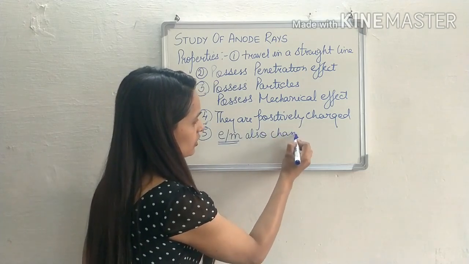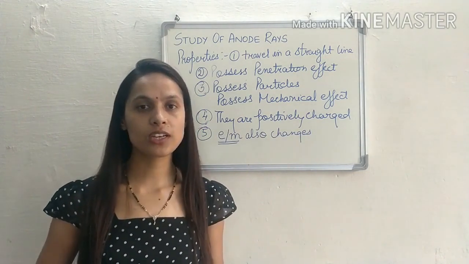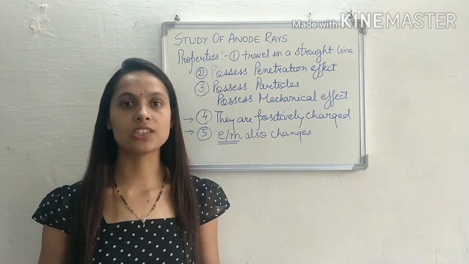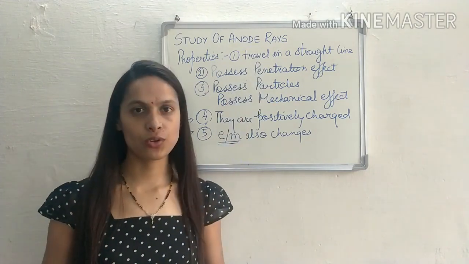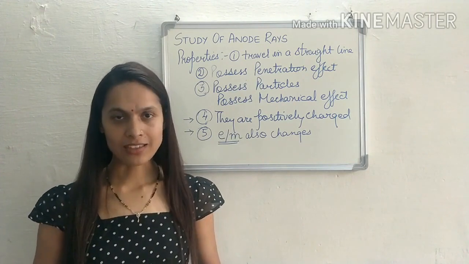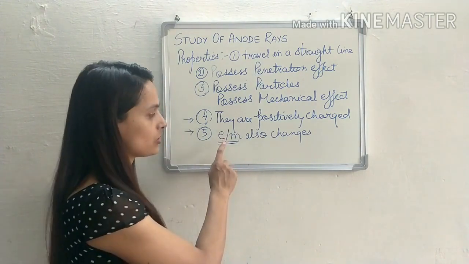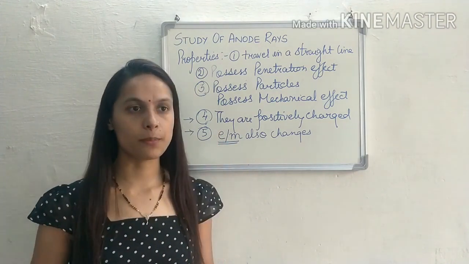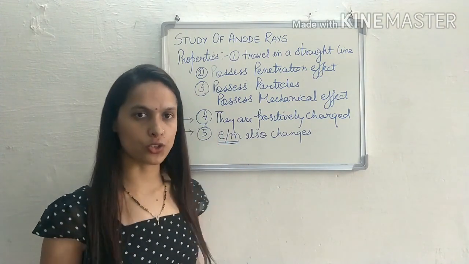So the charge to mass ratio depends on the nature of the gas which is present in the discharge tube. For anode rays, the charge to mass ratio is not same for all the gases. With change in the gas, the charge to mass ratio also changes. It means charge to mass ratio depends on the nature of the gas which is present in the discharge tube.